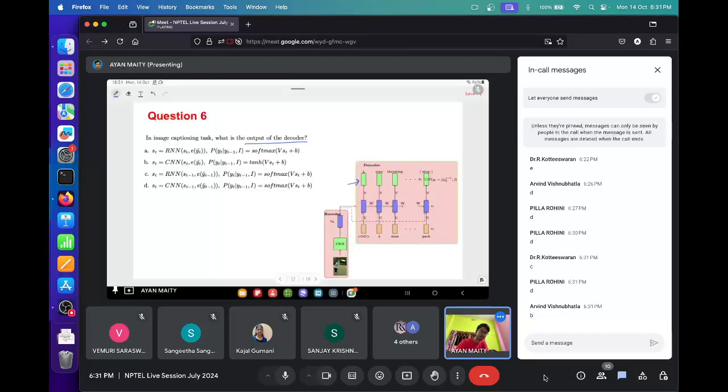And Arvind Vishnu Bhatla says option B, which is ST equals CNN of ST comma E of YT hat. Okay, so I've got three different answers in the chat. Anyone else?